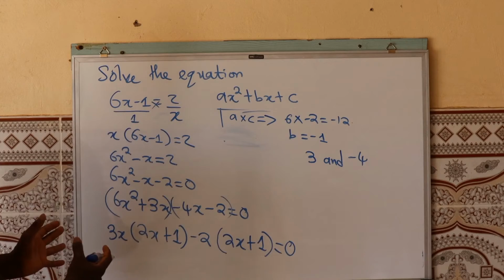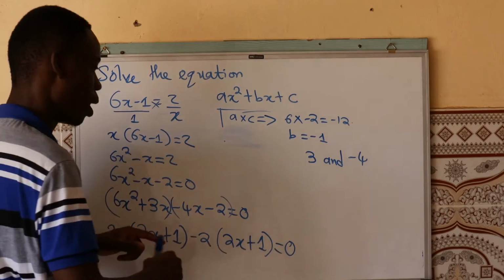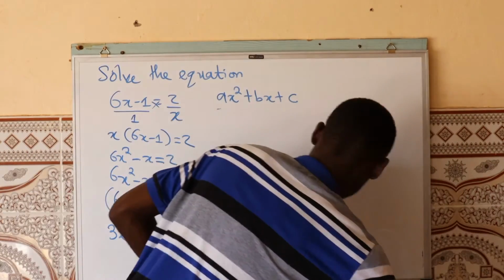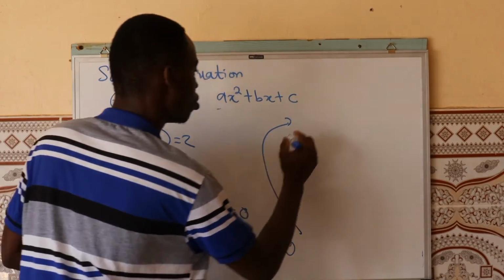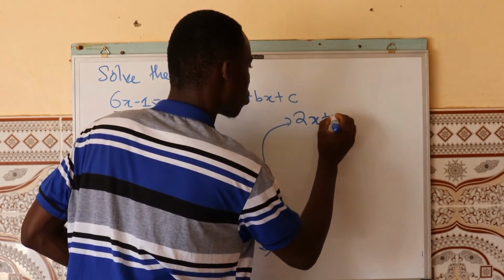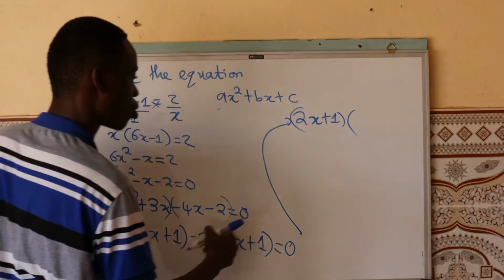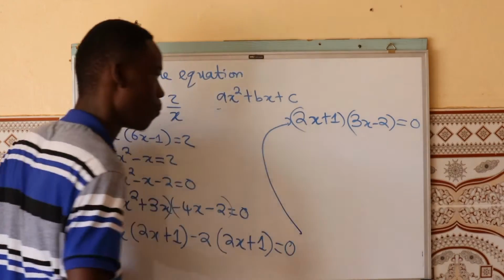So we group the like terms, we factor them together since these two are common. Hence, I'm going to write it on top here. Since this and this are common, we bring it here. So this would be (2x plus 1) and (3x minus 2) as our last factors, which is equal to 0.